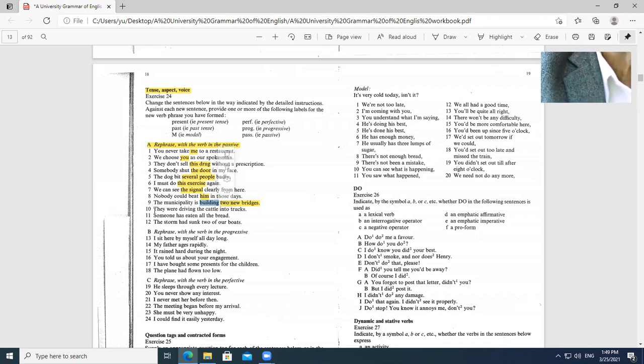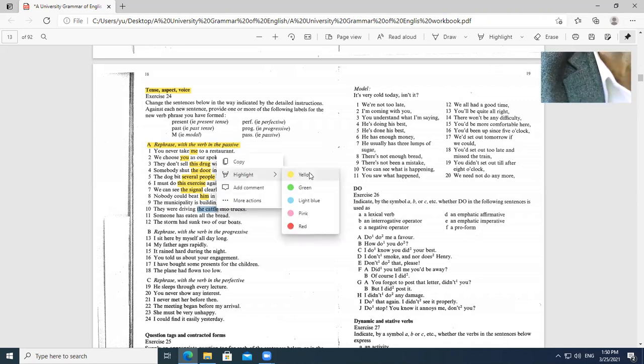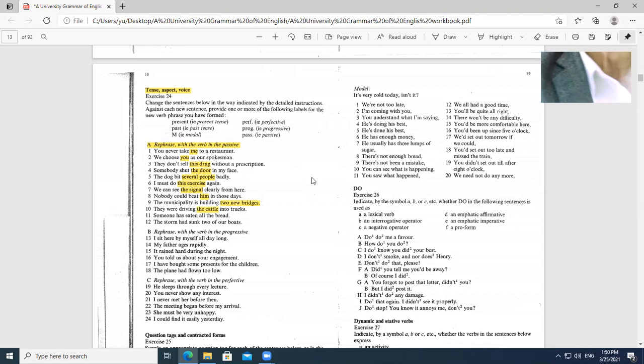مظبوط. The next one. They were driving the cattle into trucks. The object. The cattle was being driven. Cattle plural ولا singular؟ Singular. نقدر نعتبرها singular أو plural.